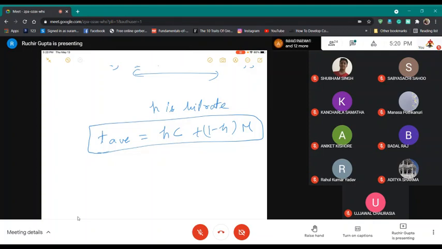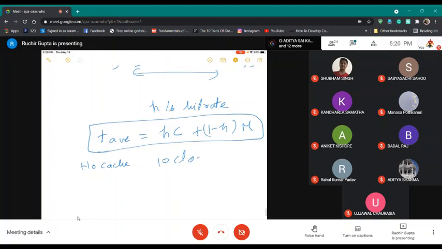Now let's see an example. Consider a case when there is no cache and you need 10 clock cycles for a read or write.